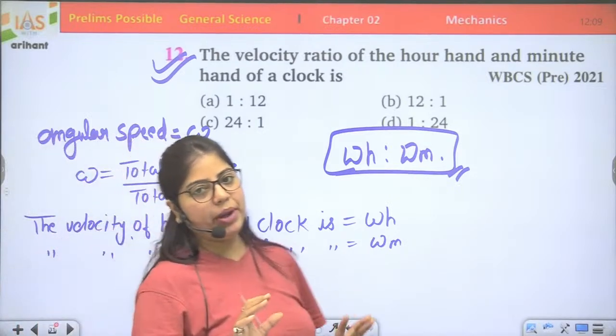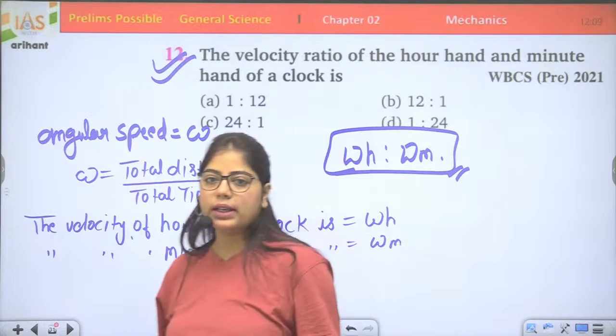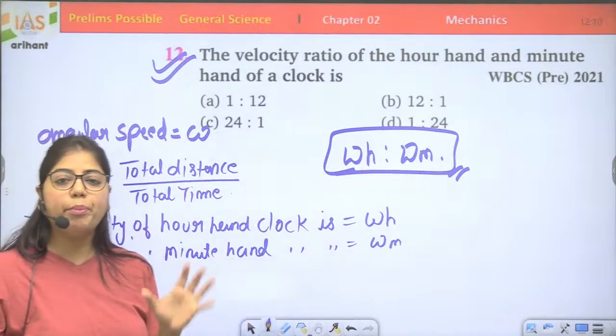First, we have to calculate the time period of the hour hand of the clock per cycle.